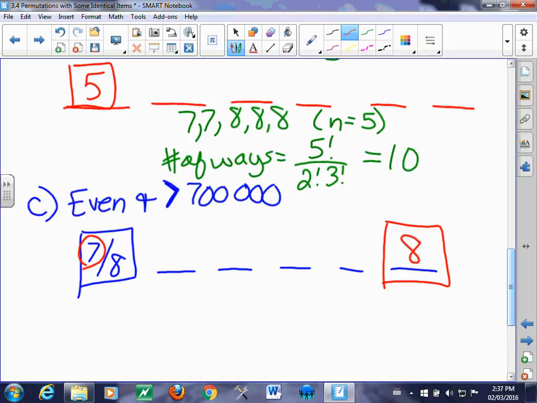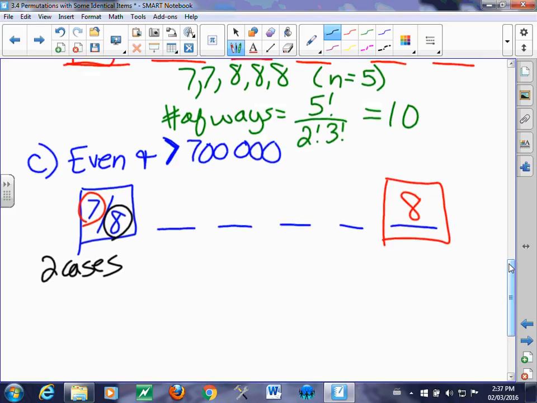Okay, so we're going to break it down into two cases. Case 1 where we have a 7 out front and an 8 at the back, and the second case where we have an 8 out front and an 8 at the back. So there's two cases. We're going to have 7, 1, 2, 3, 4, 8 as case 1. When we do that, folks, we have 4 spots in the middle.